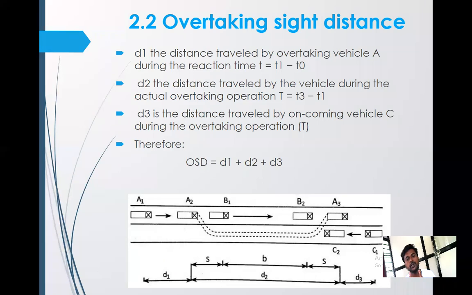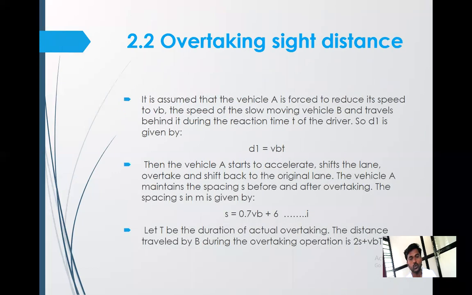After that, he decides to go for overtake and accelerates his vehicle. That means he increases his speed during the distance D2. So D1 is equal to VB into T. VB is the velocity of slow moving vehicle, that is vehicle B. T is the reaction time of the driver.